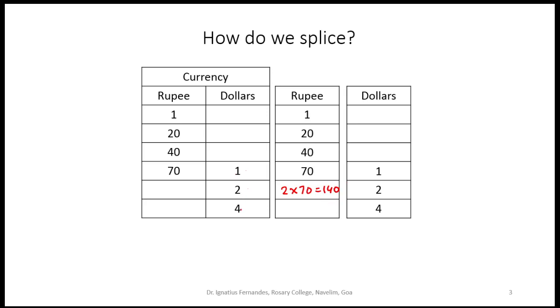The same way, if I want to convert $4 into rupees, I just multiply 4 by 70, the unit value, and this will give me 280. So I have changed these dollars to rupees by just multiplying each number by 70.